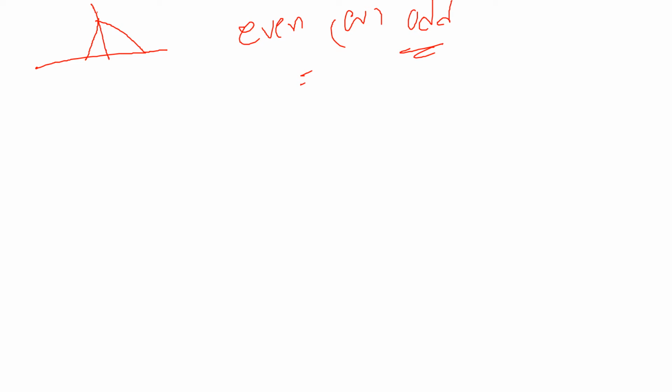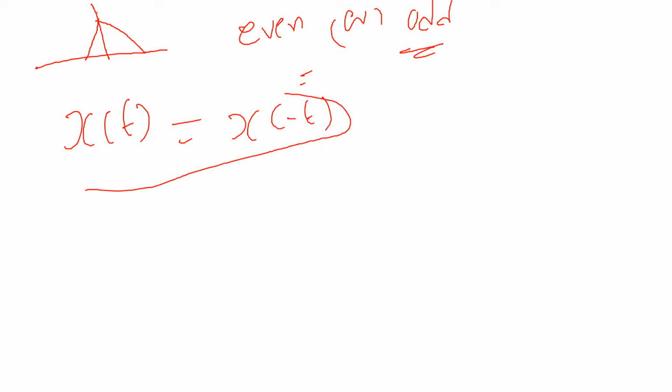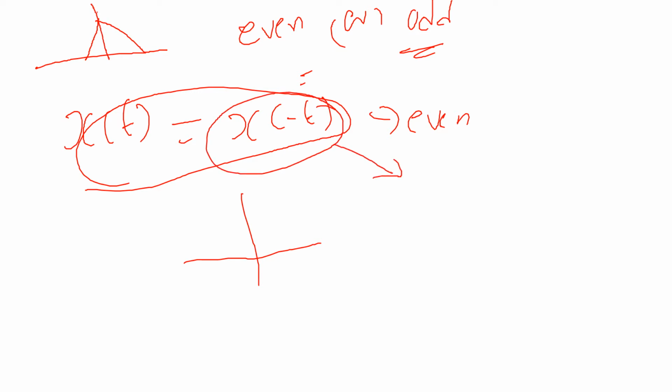So if we were in the class, I would have asked you to do it, but it is an online class, so I am forced to do it myself. For checking this particular condition, we have this equation x of t is equal to x of minus t. If this prevails, we call it an even signal, right? So what will happen if I invert this one? Mirror. I mean, x of minus t is nothing but a mirroring, right?